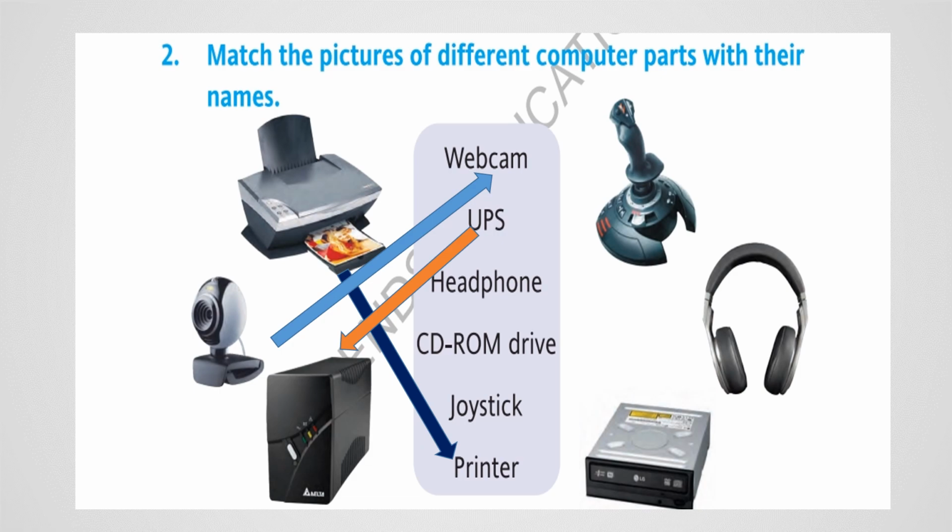Then come to right hand side. See picture given at number 1 at right hand side. It is a joystick. So we will match it with joystick. J-O-Y-S-T-I-C-K, joystick. Then see the picture given below joystick. It is headphone. So we will match it with headphone.